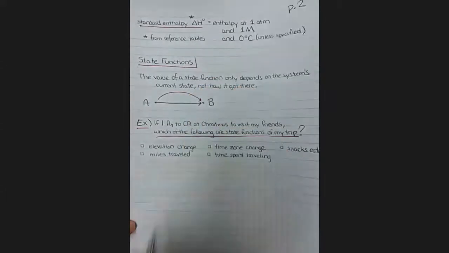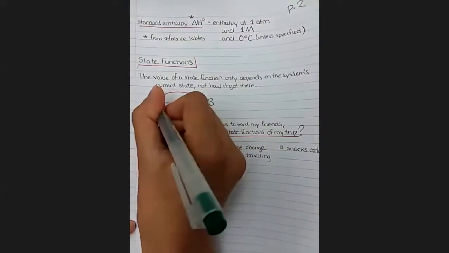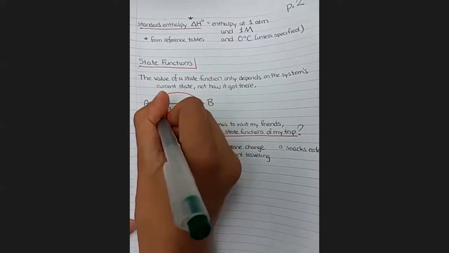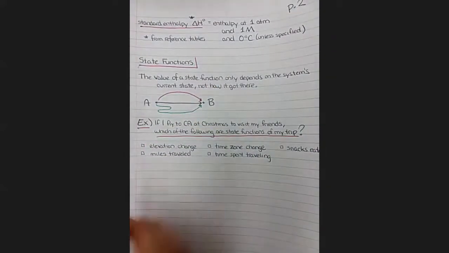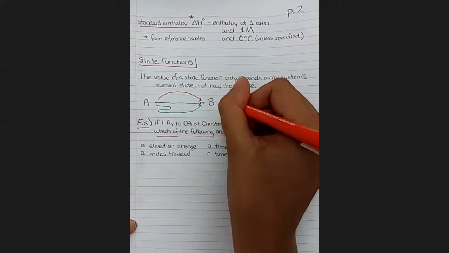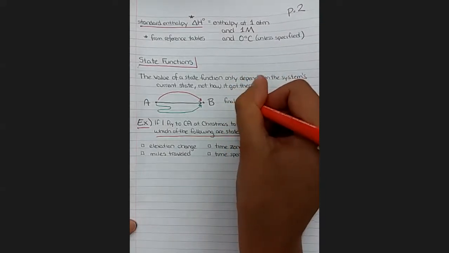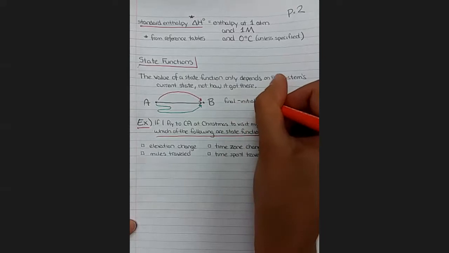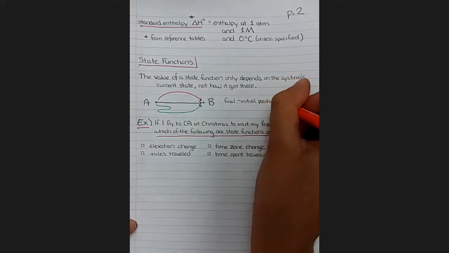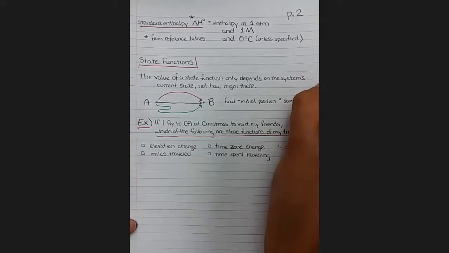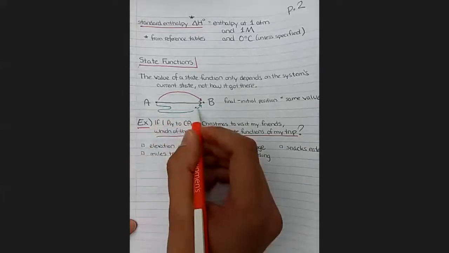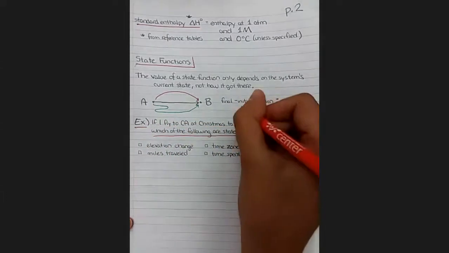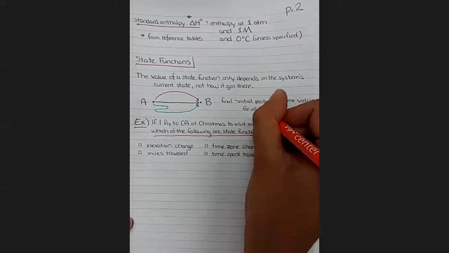I can take a detour and swing by the DQ, the Dairy Queen, on my way to point B. Or I can head off in a straight line and then turn around because I forgot my wallet and then head back to point B. And no matter which route I took to get there, if I take my final position minus my initial position, I'm going to get the same value. Because this distance in the picture, this change of location, is a state function. So it's the same for all paths.